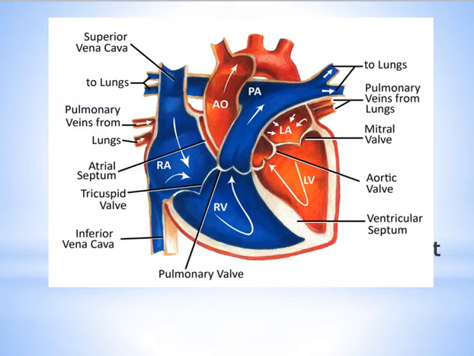When we auscultate the heart, we hear the lub-dub. The lub is also called S1, and that is the ventricles squeezing during systole, and the tricuspid and mitral valves close. Then we've got the dub, which is the S2.